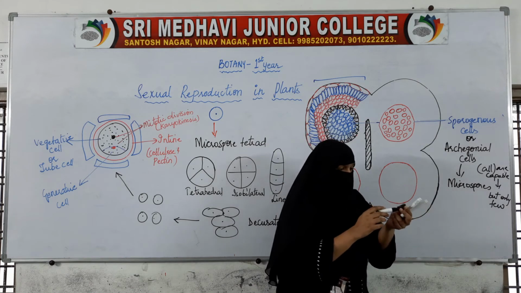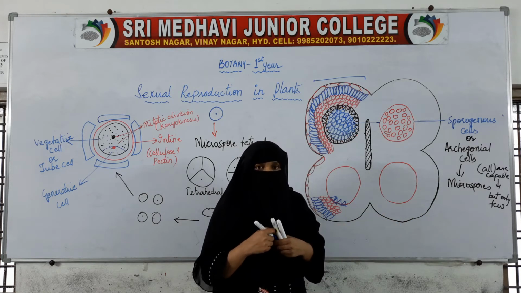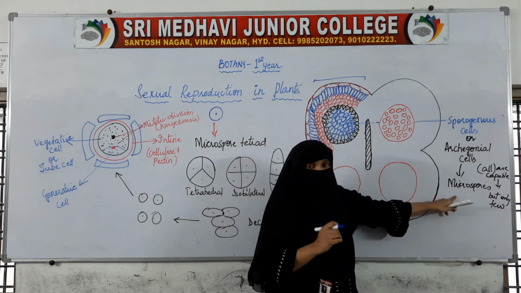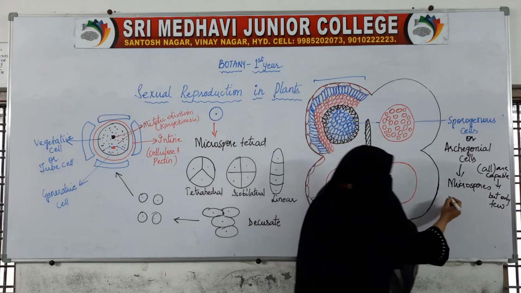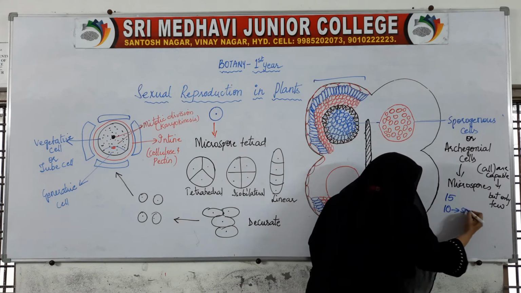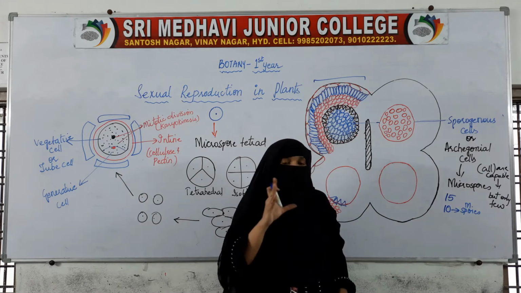For example, out of 15 cells capable of producing microspores, 10 are producing microspores.